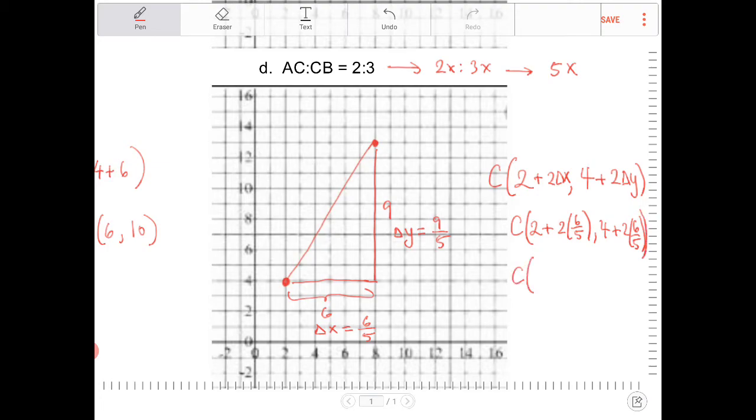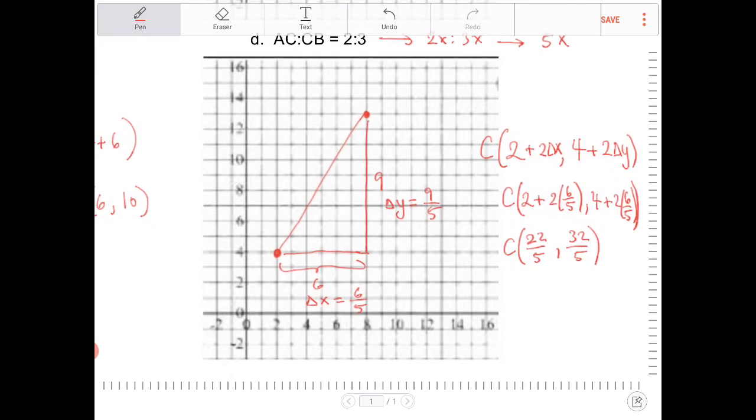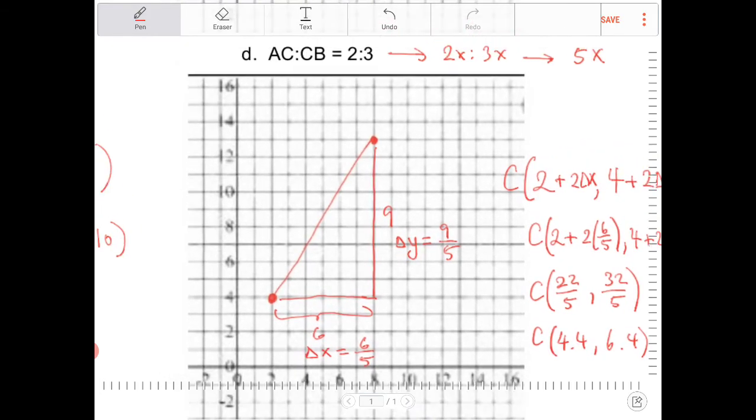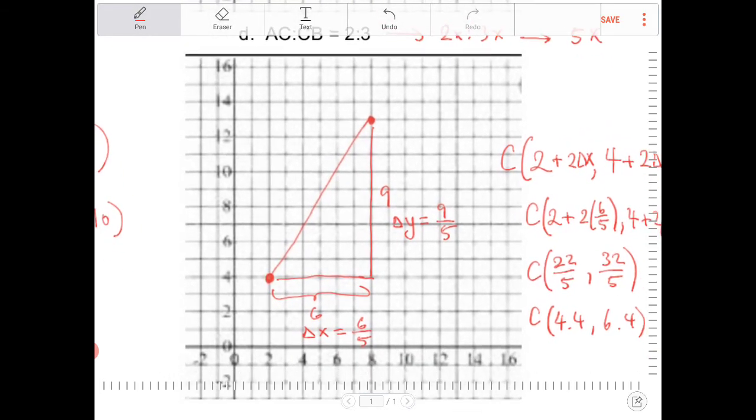And C will therefore end up being, what is this? 12 fifths plus 2, so it's going to be 22 fifths. And 20 plus 12, so it's 32 fifths. This looks really odd right now, but I'm going to figure this out in decimal. 22 divided by 5 is 4.4, and 32 divided by 5 is 6.4. So let's try to plot this approximately. 4.4, so 4 is here, 0.4 is, I want to say, right here.